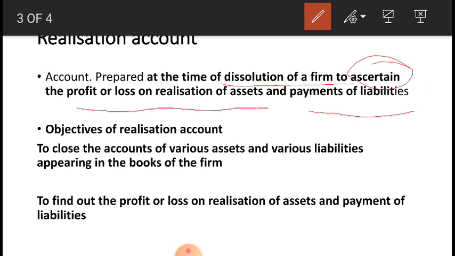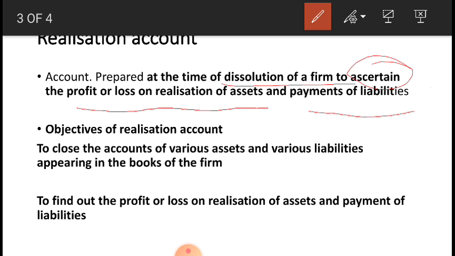See students, when the business ends, all the assets have to be sold. Assets such as machinery, stock, debtors are all sold, and payments have to be made. Business ending works that way: the assets that are there will be sold, and liabilities will be paid.